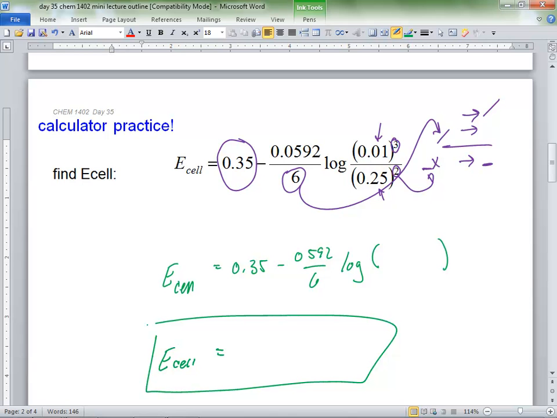There is a cube button. You have to do shift first. Squared.